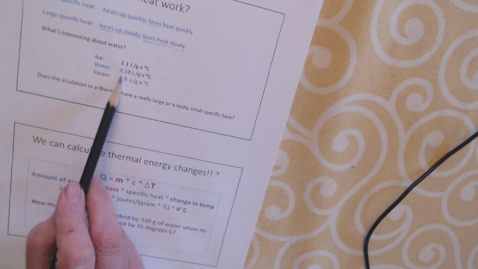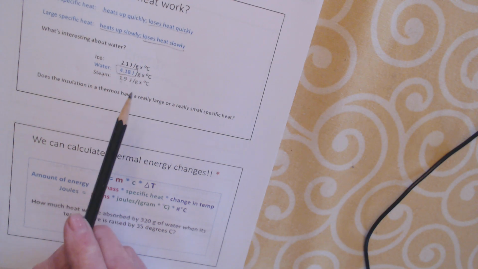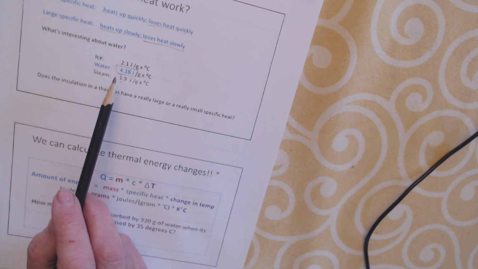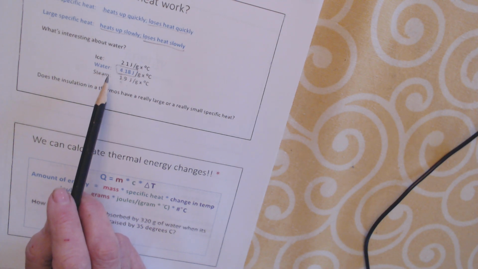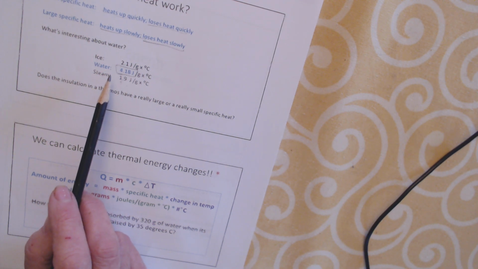Right? That would be the most logical thing. And yet, look at water. There it is at 4.18. That is amazing. It's one of the most amazing things on our planet. And because of this, we have such a better life here on Earth. So, like, it keeps our waters from freezing quickly.